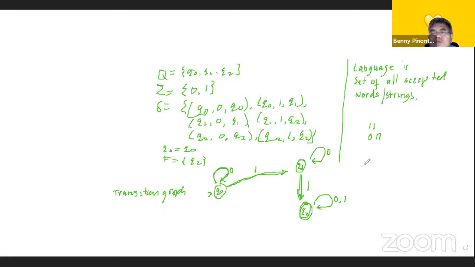And you can have 0, 0, 1, 1. You can have a lot of 0s and end with 1, 1, which is also accepted. But you can also have 1 and then 0 and then go to final. So this is a lot of them. Yeah. So 0, 1, 0, 0 and then 1 again. So you go from here.